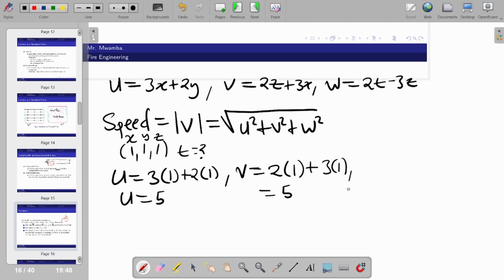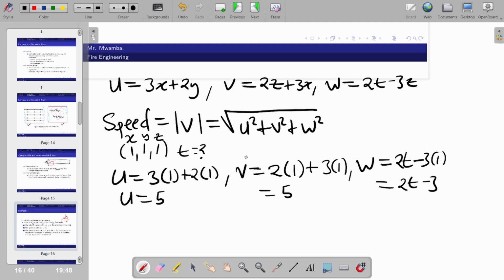Then for w, we should have 2. We do not know t, we don't have t. So 2t we maintain, minus 3 times 1 there. So this is just going to be 2t minus 3.